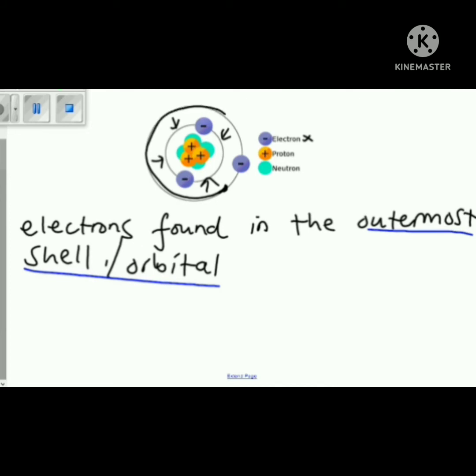These are the electrons that are exposed, found in the shell that is furthest from the nucleus. Suppose the distance between these two is 5 meters, and the distance between the nucleus and this one is 2 meters. Then we would simply say that this one is the furthest from the nucleus, because it is 7 meters away. I'm sure this can be confusing for some people, but you can see that from here to here the distance is longer than from here to here.